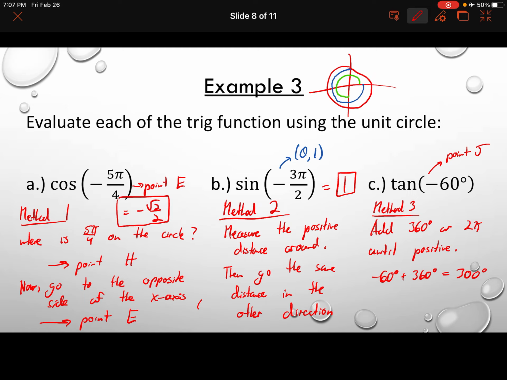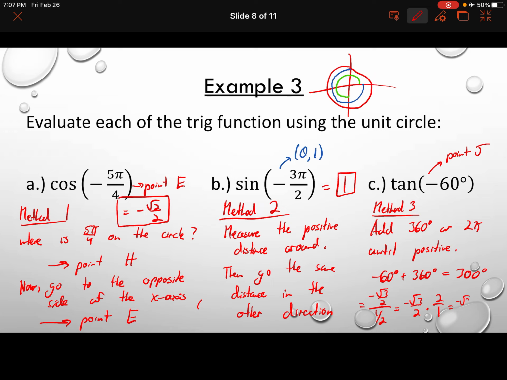So if we look up point J, point J would be down there. So the y value, okay. In this case, it would be negative radical 3 over 2 over positive 1/2, because the x value would be that. So if we were to quickly simplify that, we'd end up with negative radical 3 over 2 times the reciprocal of 1/2, so 2 over 1.